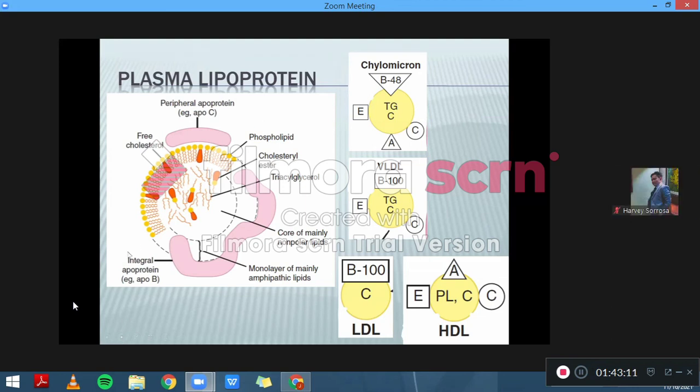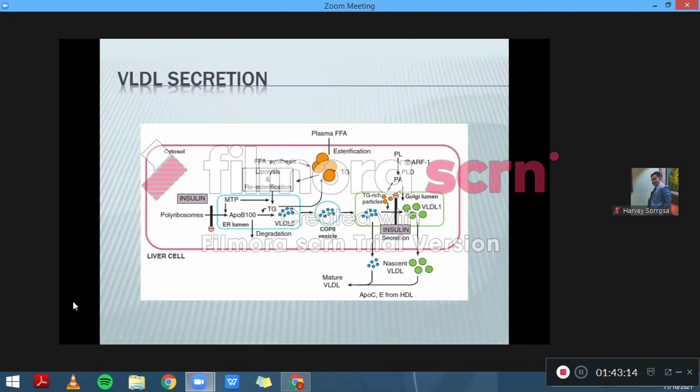This is VLDL secretion in your liver cells. Just know the process of how your VLDL is secreted.